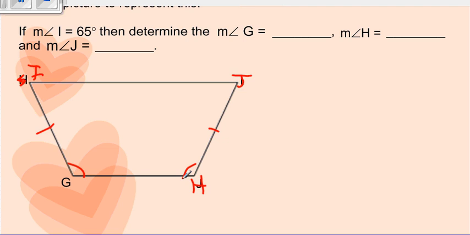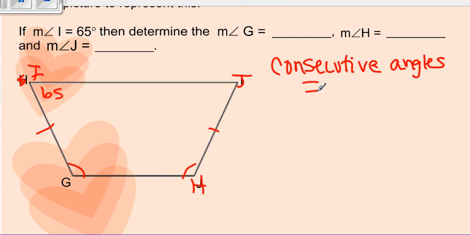Okay. They tell us that the measure of angle I is 65. And they want us to determine what the measure of angle G is. So one of our properties there is that consecutive angles are going to be supplementary. So I'm using consecutive angles.